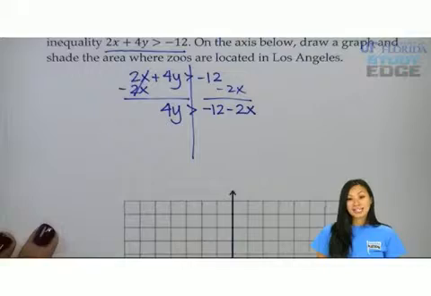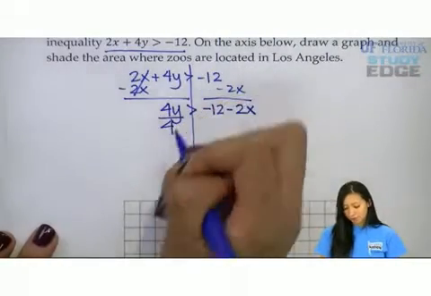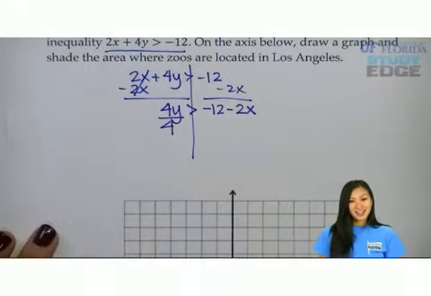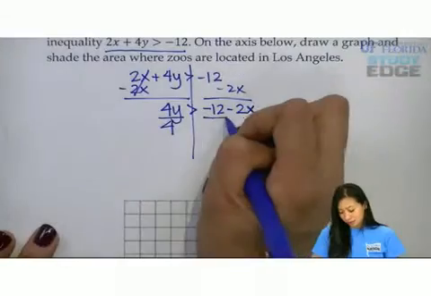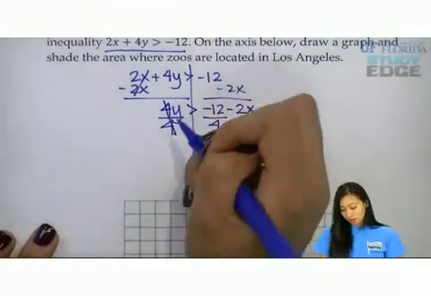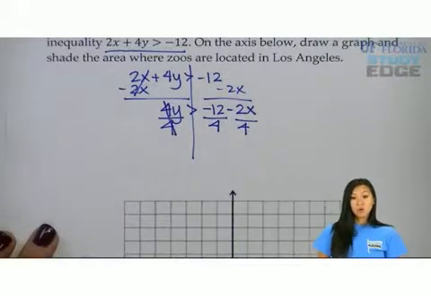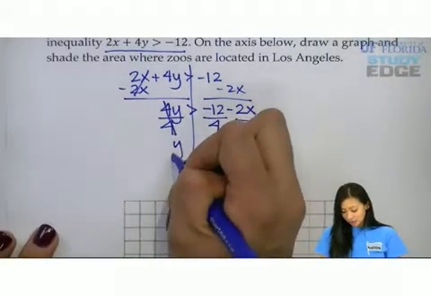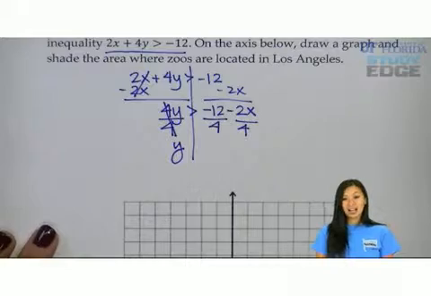Now to get y by itself, I have to divide by 4 to get rid of that multiplying by 4. Whatever I do on one side, I've got to do on the other side, and I'm dividing every single term. So I'm dividing this by 4, and this by 4. 4 divided by 4 is just 1, or 1y. I have 1y left all by itself, exactly like I wanted.